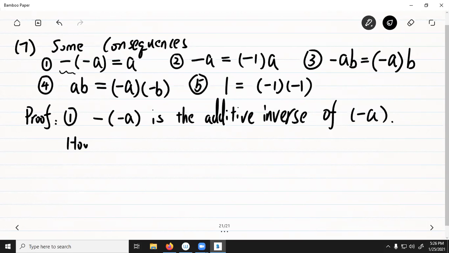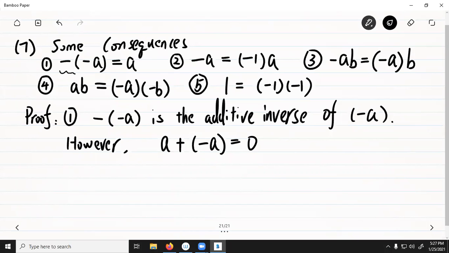However, this is the way we know that A plus negative A is equal to 0, right? This is what we know, because negative A is the additive inverse of A, right? So in other words, A is also the additive inverse of negative A, right? Because they are the inverse of each other.